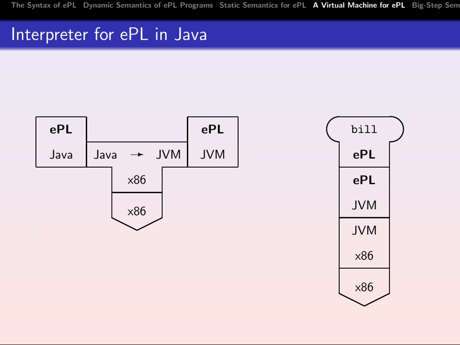So this T represents a compiler, right? This T represents a compiler. Takes a Java program, turns it into JVM bytecode, and it runs on x86. It's an x86 binary. Actually, if you want to be pedantic here, I'm going to say it's x86_64, right? Because nobody uses 32-bit machines anymore. So that's what it would be.